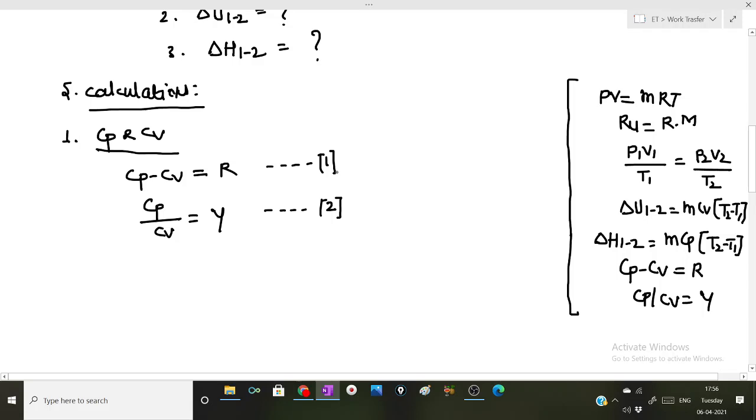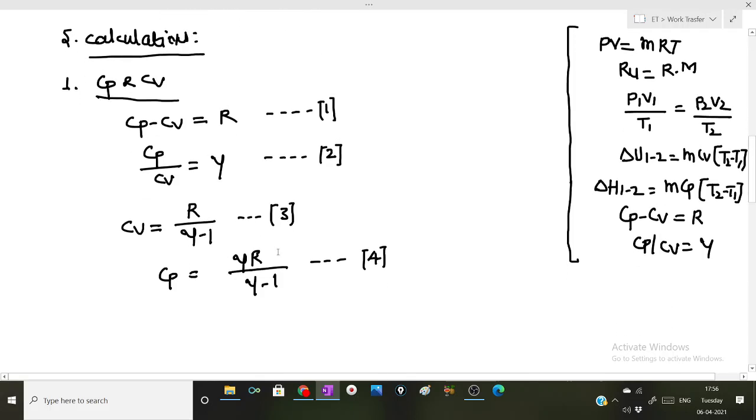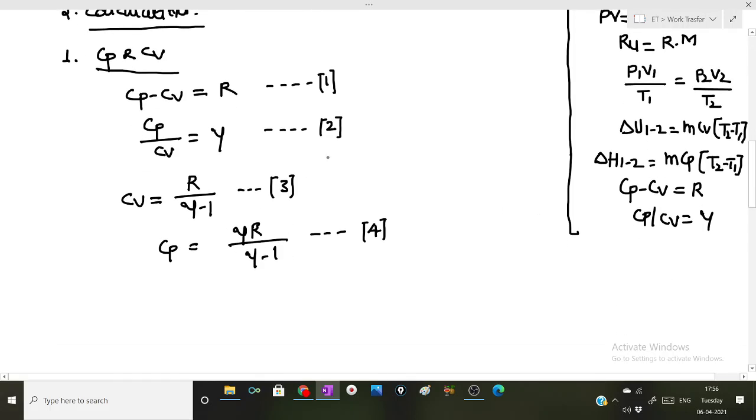If you solve equations 1 and 2 simultaneously, you will get the expression for Cv as R over gamma minus 1 and the expression for Cp as gamma into R over gamma minus 1. I am not doing that exercise because I know the expressions for Cv and Cp.